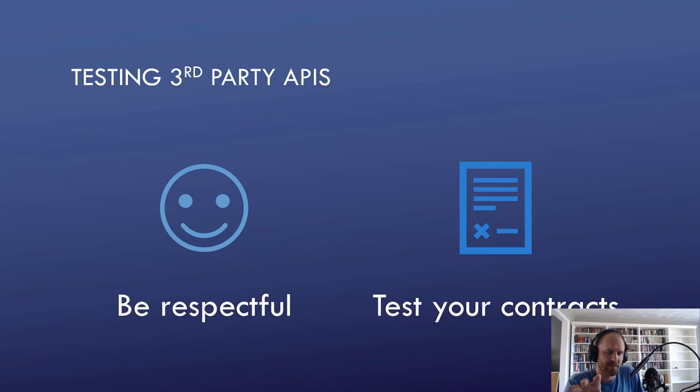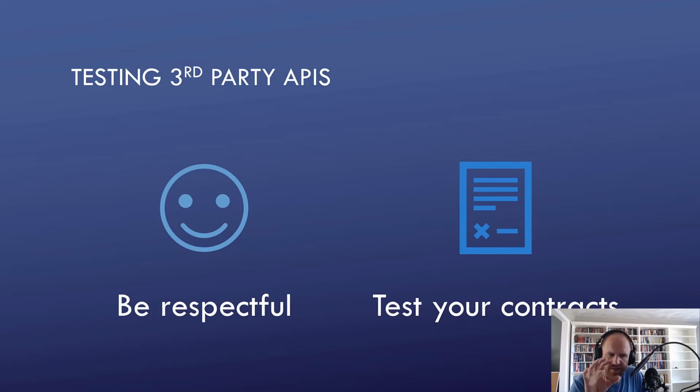They're the ones who ought to flush out the bugs in it and fix them. Your job isn't to find every bug in this. It's to make sure, does this API do what I need it to do for the purposes that I have? So limit your testing to the things that you're interested in, and don't run performance tests against it and stuff like that. Just be respectful of the fact that this API belongs to somebody else.